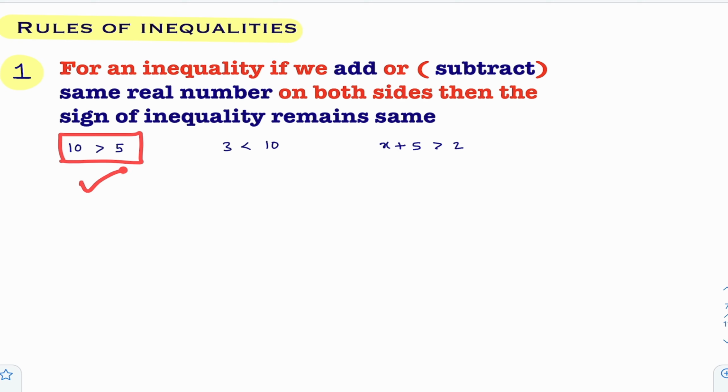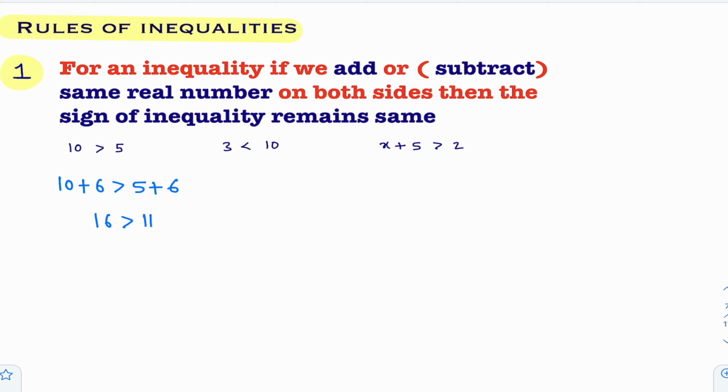Now, for this inequality, I'll add the same real number on both sides. Then whether the sign of the inequality remains the same or changes, we will see. You select one number, that number will be added on both sides. For example, I'll take 2, or else add 6. Add 6 to this inequality on both sides. 10 plus 6 is greater than 5 plus 6. 10 plus 6 is 16. 16 is greater than 5 plus 6, which is 11.